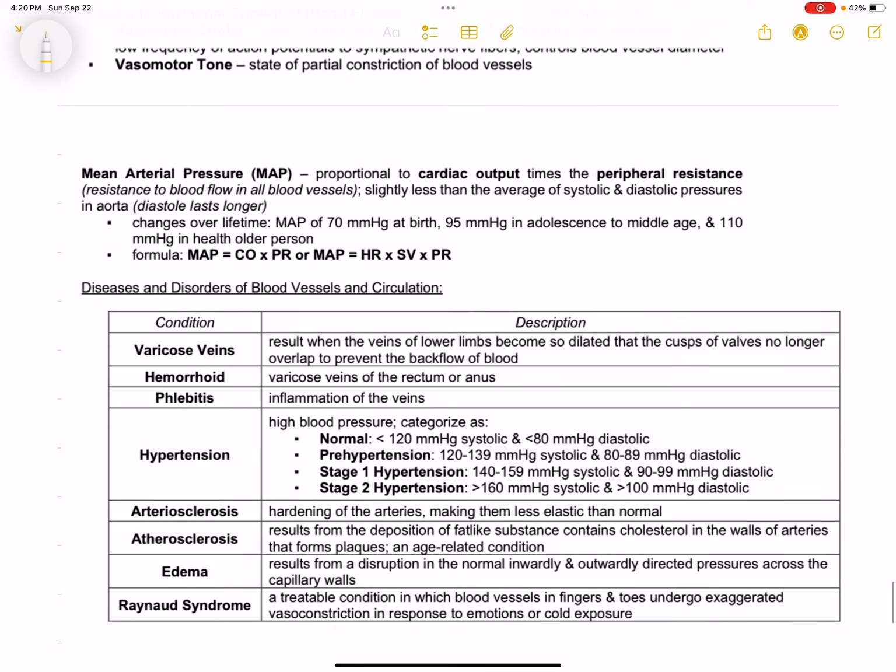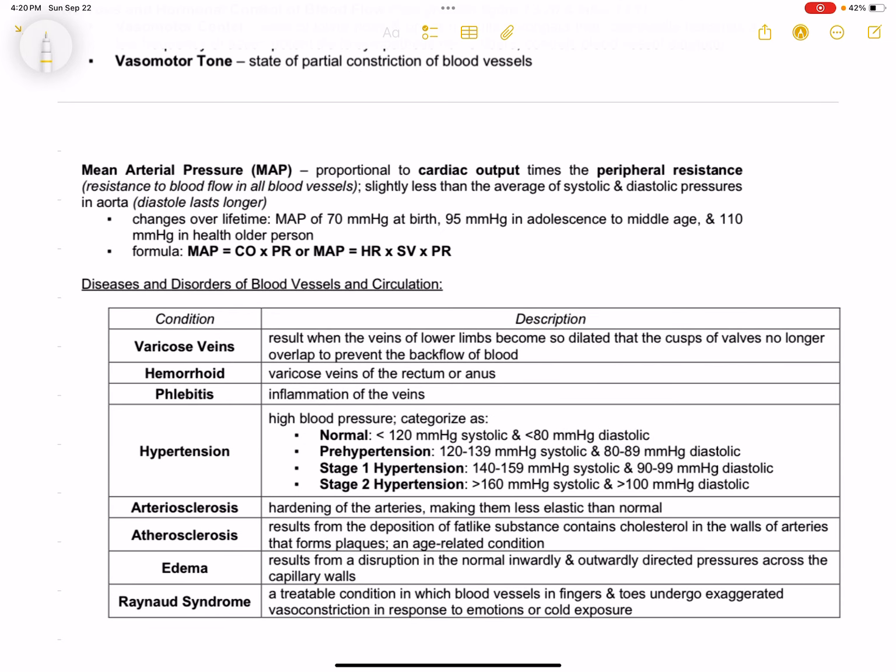So next we have the mean arterial pressure, or the MAP, proportional to cardiac output times the peripheral resistance, or resistance to blood flow in all blood vessels. It is slightly less than the average of systolic and diastolic pressure in the aorta, since diastole lasts longer.